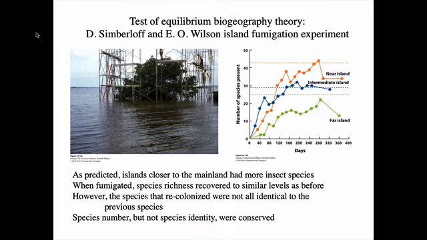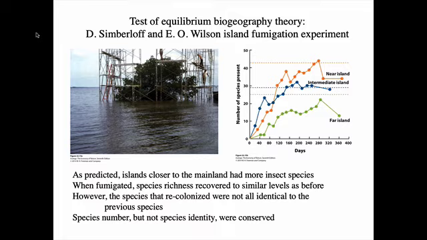So we're just going to look at distance, not size, in this little graph because it's complicated enough. Here's the number of insect species on the intermediate distance island and on the near island. Okay, so here's fumigation day, and here's the recovery trajectory.